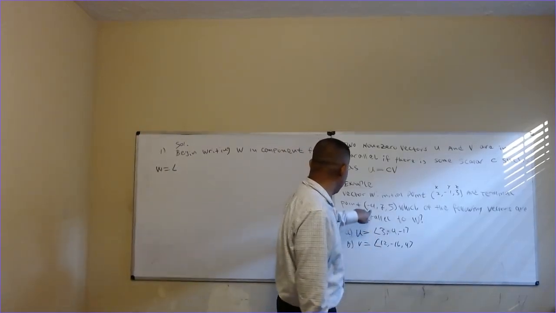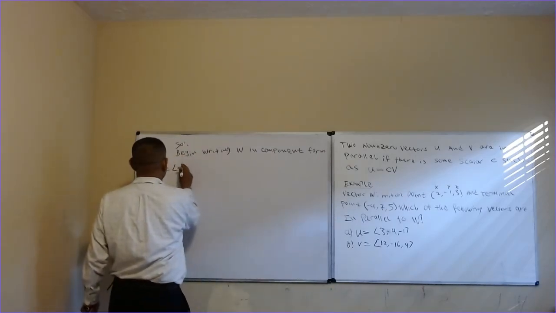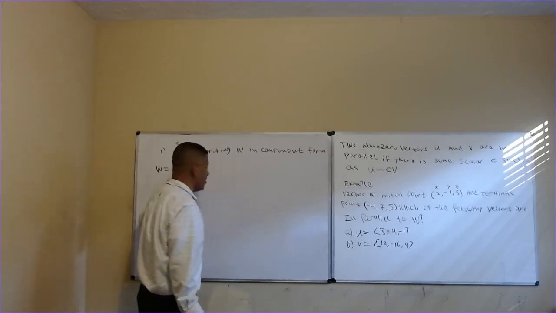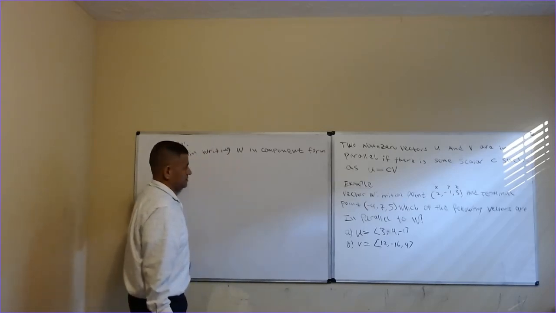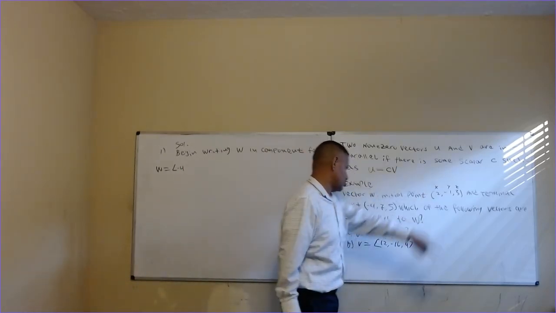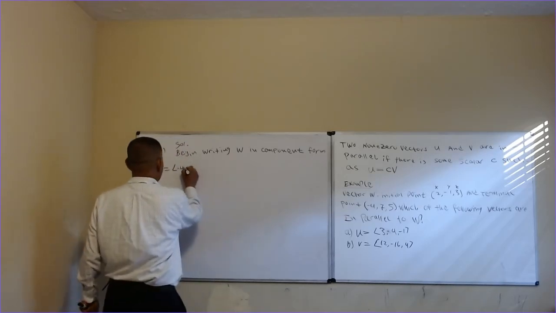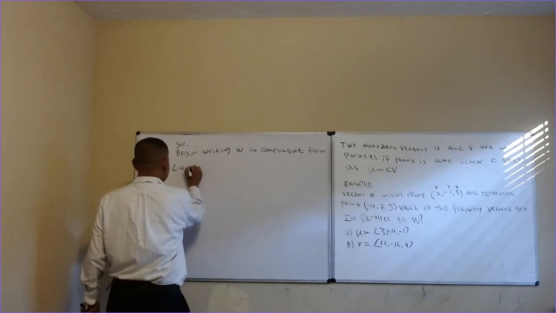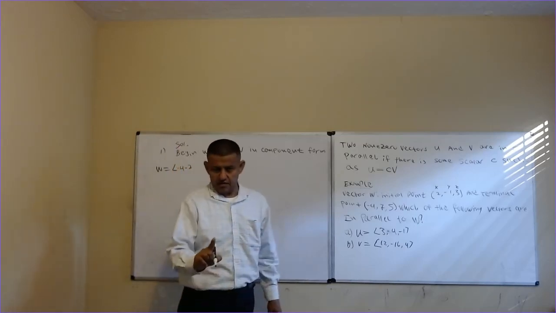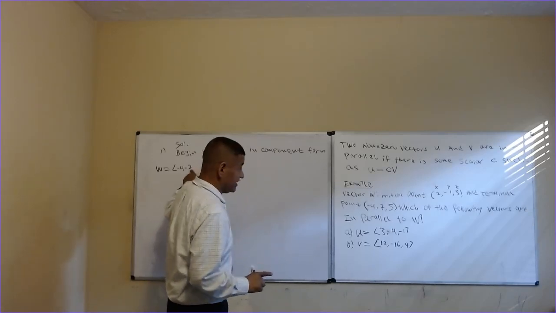My X final is negative 4, right? Minus X initial. What is X initial? It's just minus 2, right? That is my first X point.